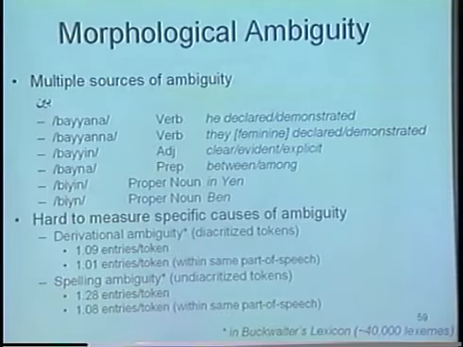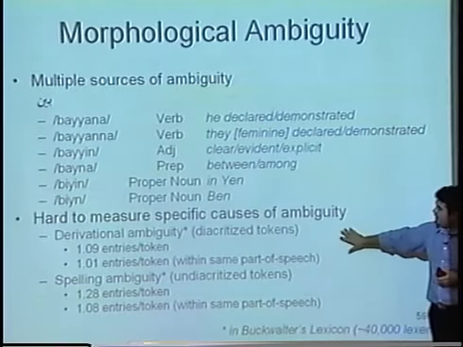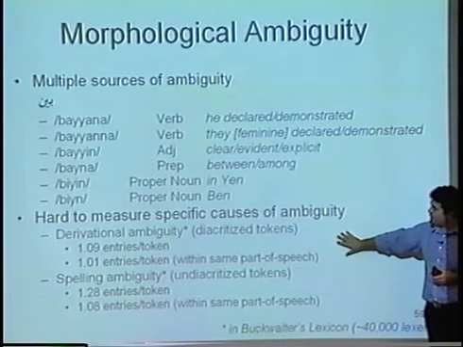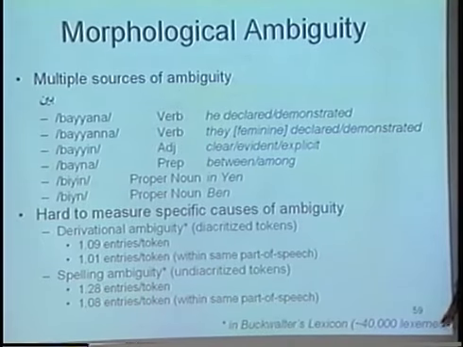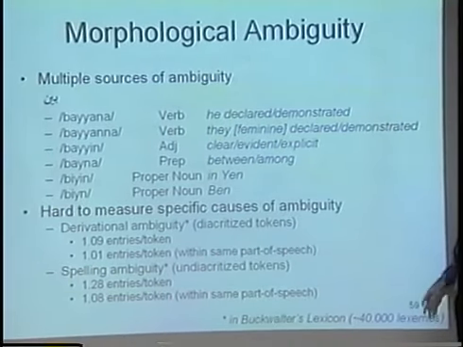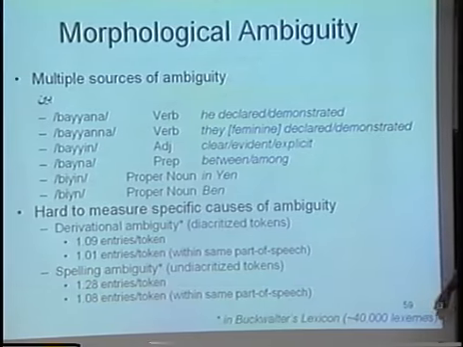Now, giving numbers for what we are talking about here is hard to do, so I'm saying this with some reservations. What I did, I looked in the Buckwalter lexicon, and this is dependent on how it measures derivational ambiguity. So this is like the case of qaida, meaning principle, or meaning organization.